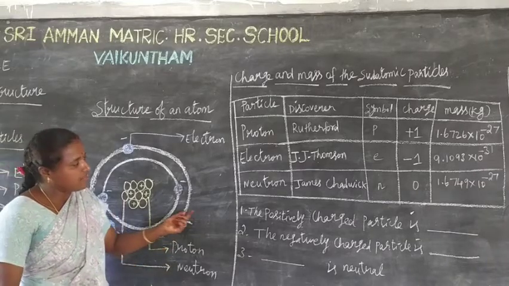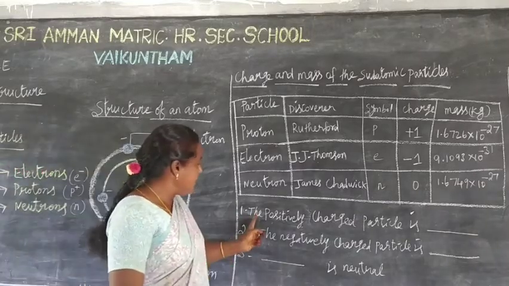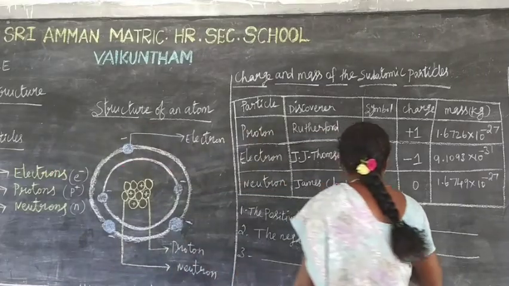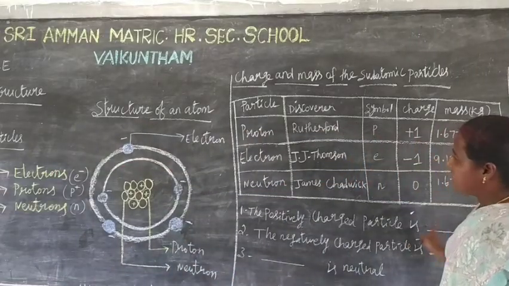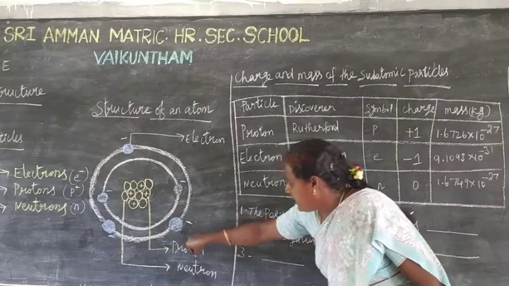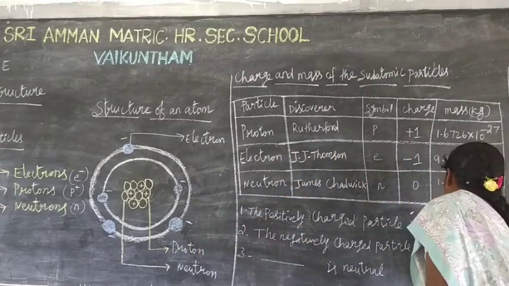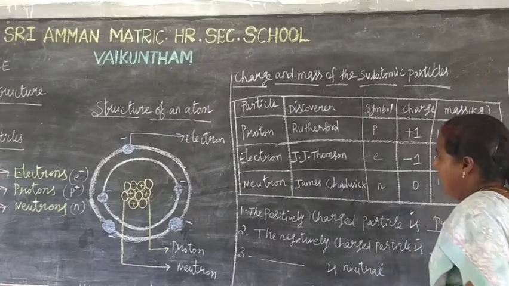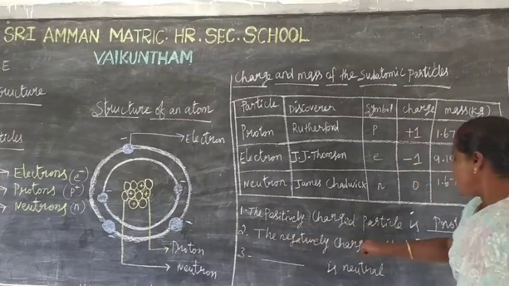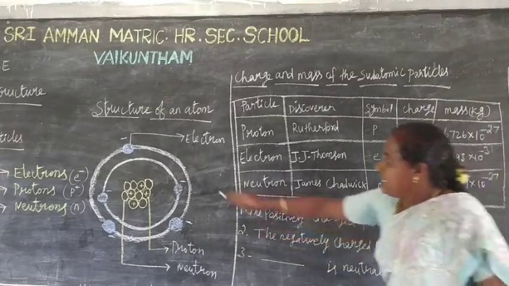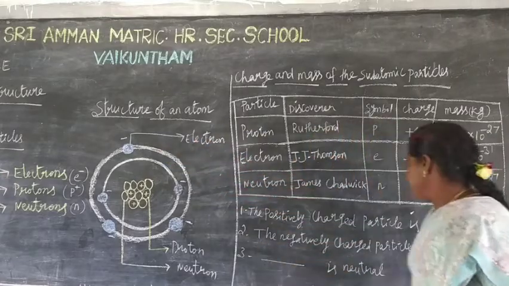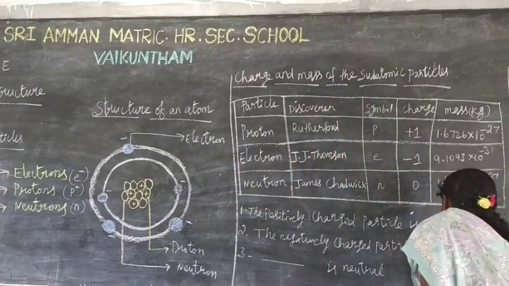Okay, now answer the following questions. First one, the positively charged particle is dash. Proton. Next question, the negatively charged particle is called electron.